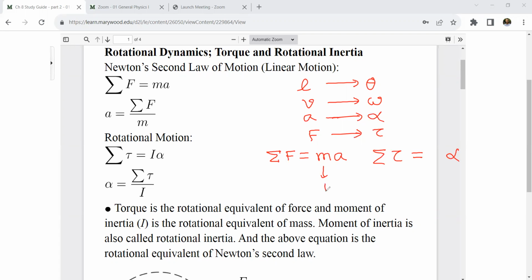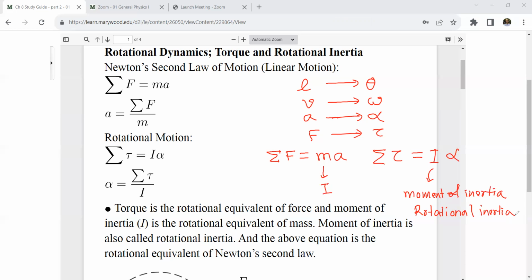For the time being, let me replace it by I, and let me call it moment of inertia, or it's also called rotational inertia.